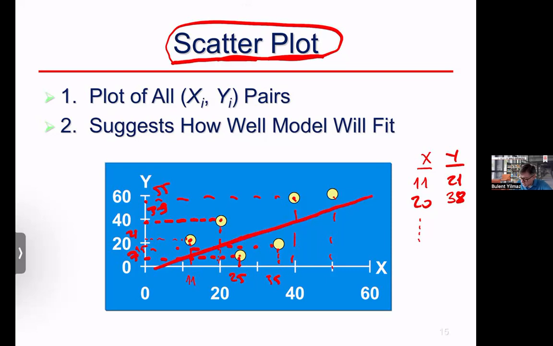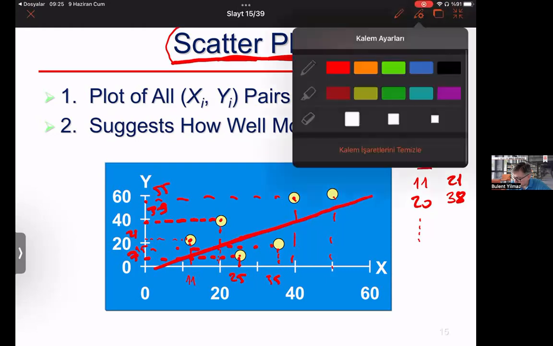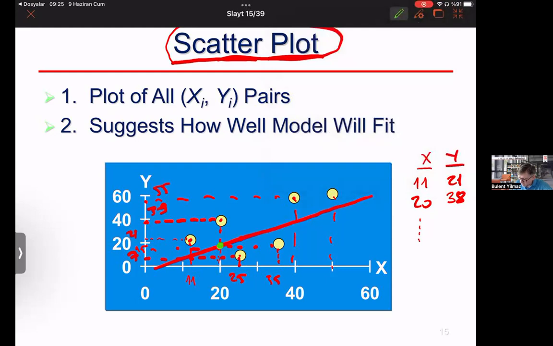How can I find this one? Okay, guys, let me change the color. Okay, how can I find this one? It is, for example, this is y equals 0.9 x plus or minus, let's say 5.